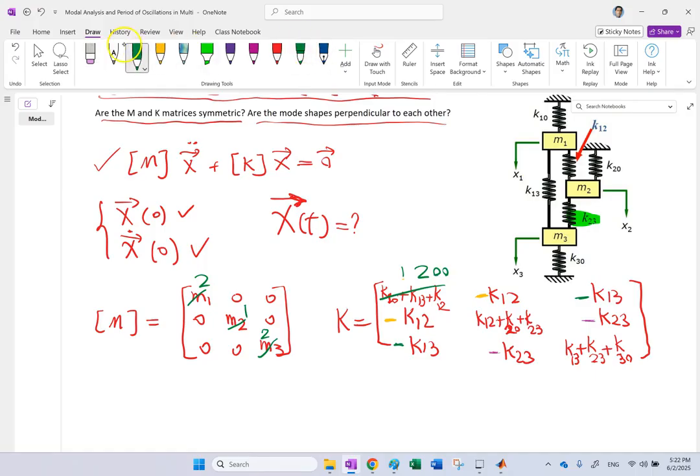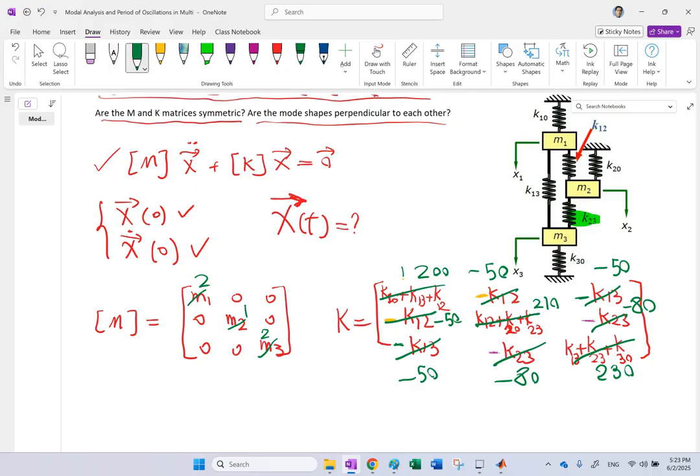This is going to be negative 50, negative 50, negative 80, 230, 210, negative 50, negative 50, negative 80. Okay, so I got my M and K.